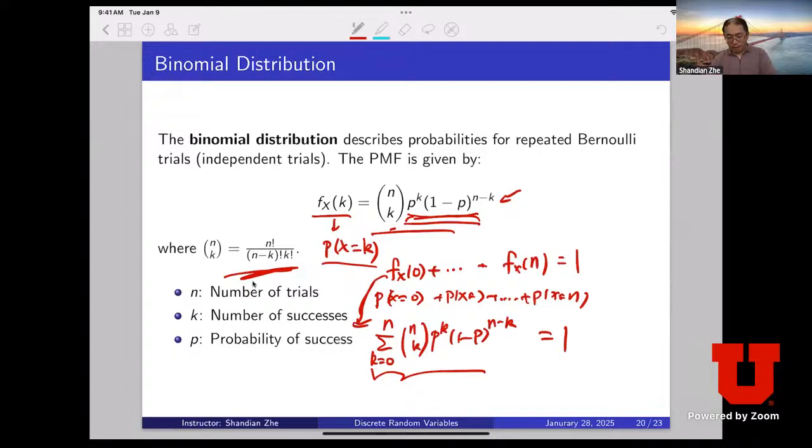I bet everyone has seen this before, maybe in primary school, right? If you expand a polynomial, p plus 1 minus p to the power of n, this is how you expand these polynomials. If you want to expand these polynomials and decompose them as a summation of polynomials at different orders, this is how you're going to have the decomposition.